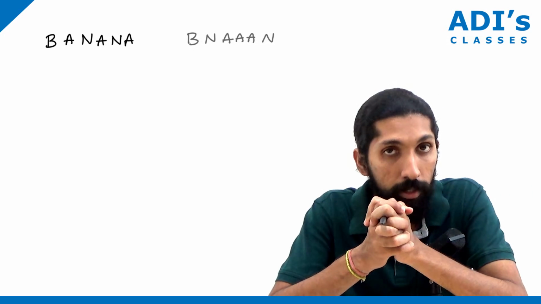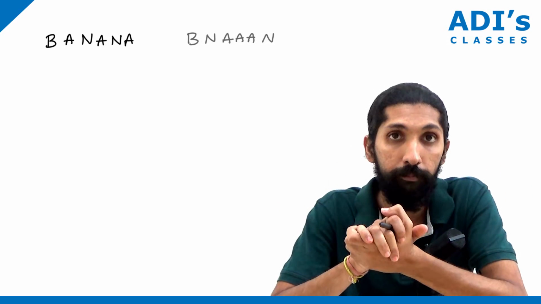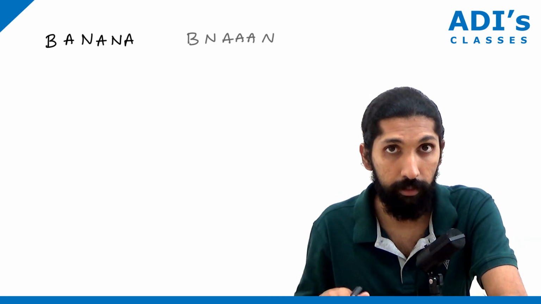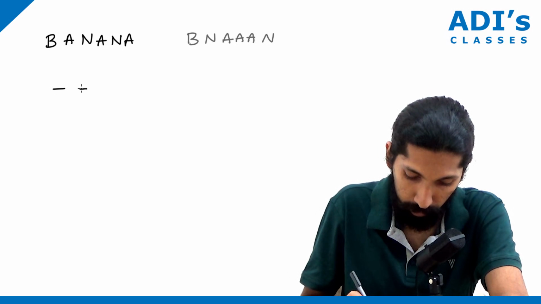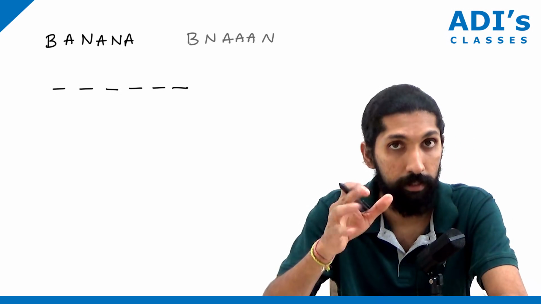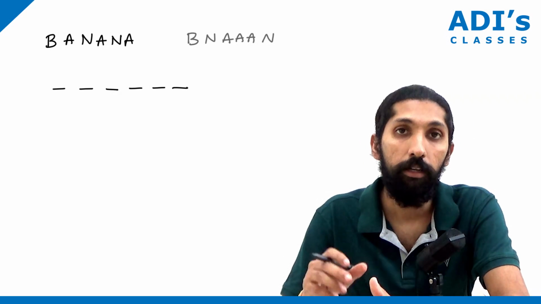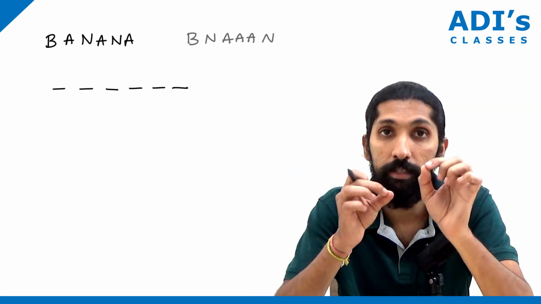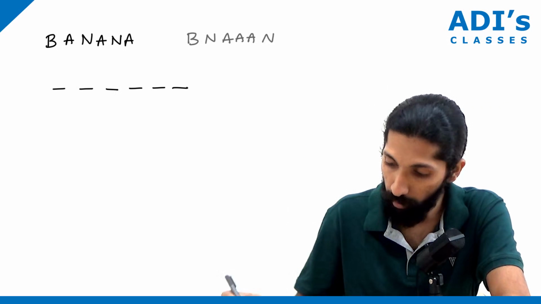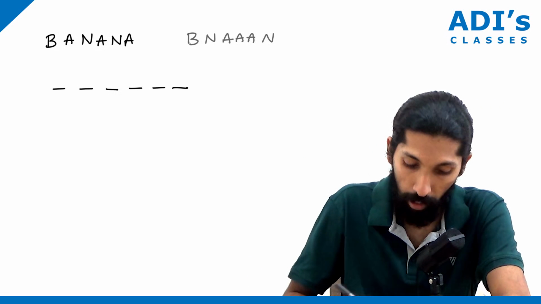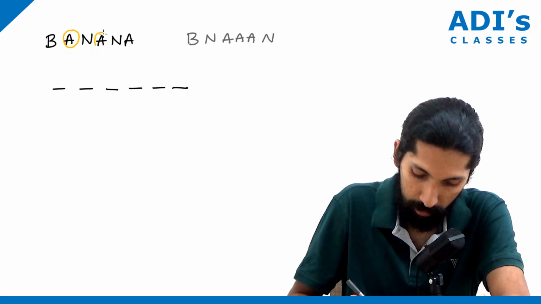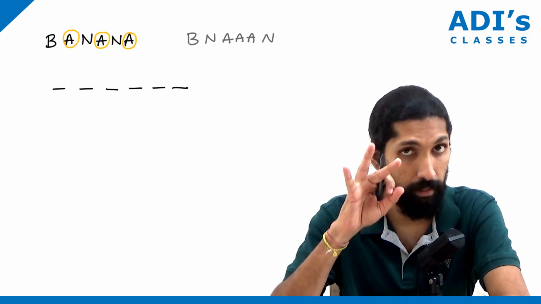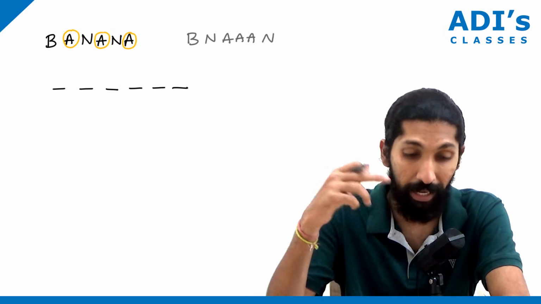To understand this principle of counting, first see how many letters there are: 1, 2, 3, 4, 5, 6. There are 6 letters. Whenever you have words where letters are repeated, look at this: these 3 A's are repeated, and likewise N is also repeated.